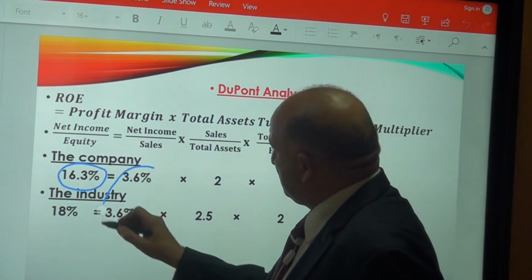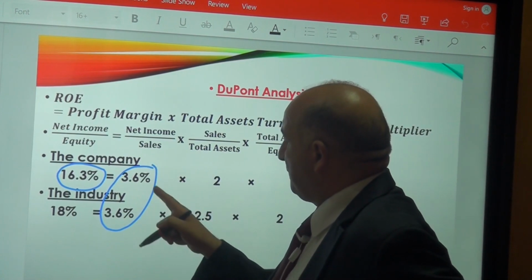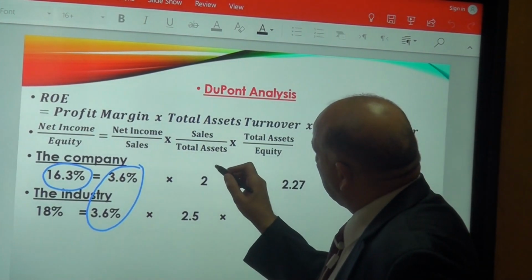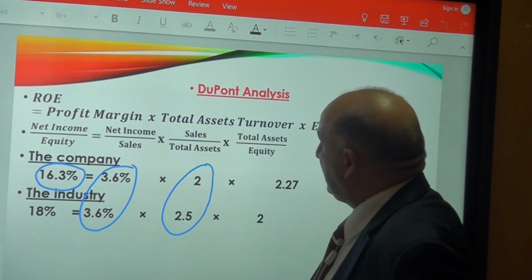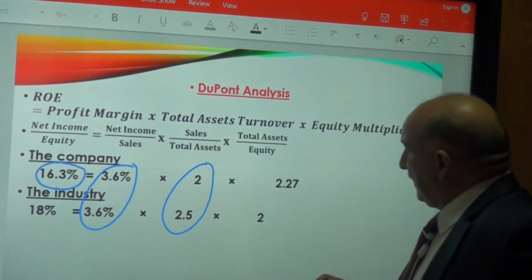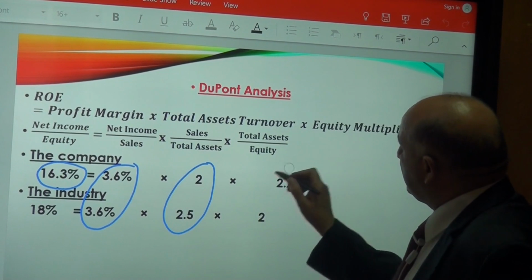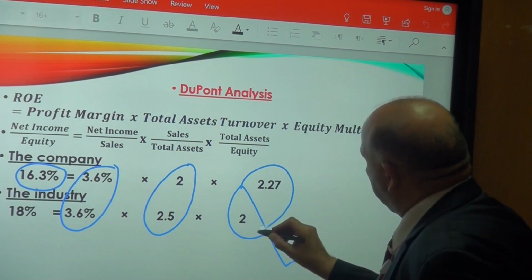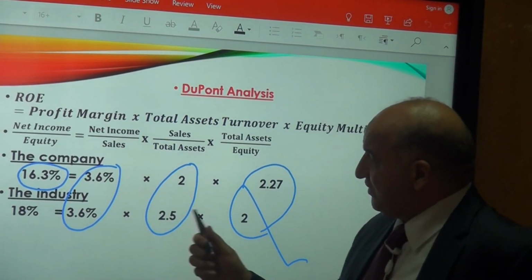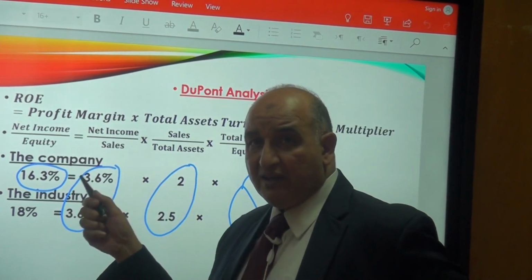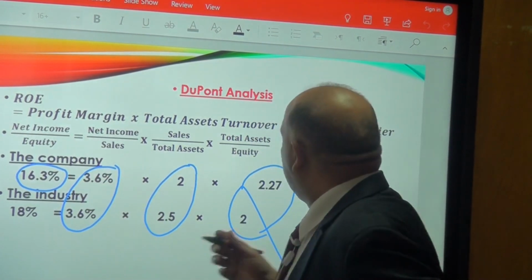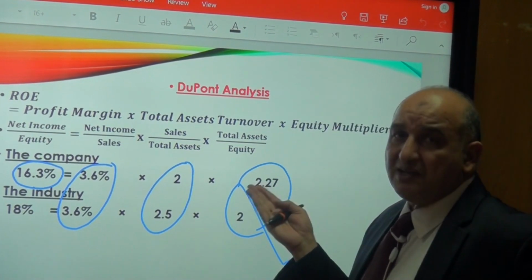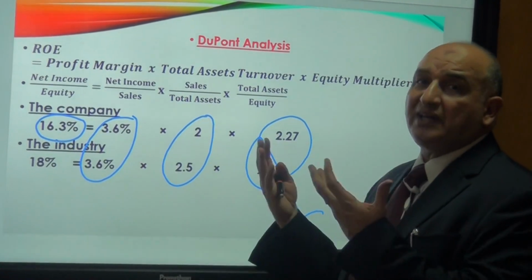There is no difference in profit margin between our company and the competitors, and we have a lower total asset turnover, but we compensate for this by increasing the equity multiplier. So in this case, even the 16.3% as ROE is not real, because we got it by increasing the risk, by increasing reliance on debt.